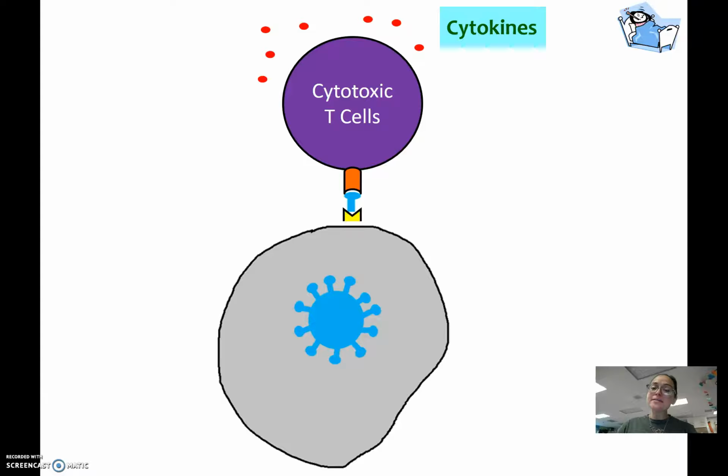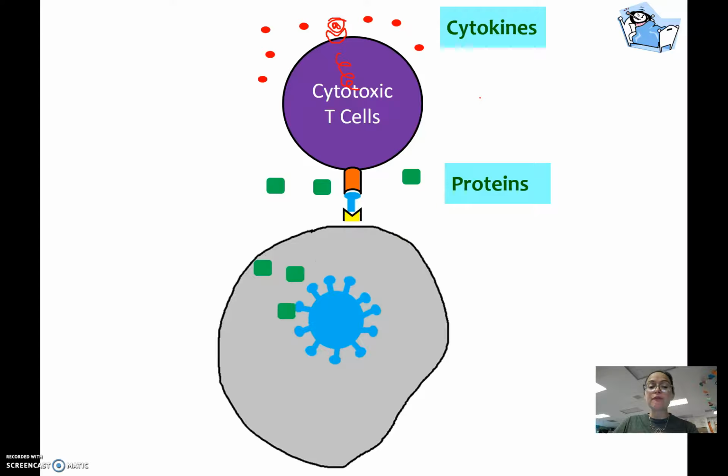But here, once the cytotoxic T cell has become activated by cytokines, and so really when we say activated, what that means is that the killer T cell has a receptor on its surface, like a protein receptor, and the cytokine attaches and starts a signal transduction pathway where the cell response of the killer T cell is to produce proteins. So these proteins are called perforin because they perforate or put holes inside the virus-infected cell.